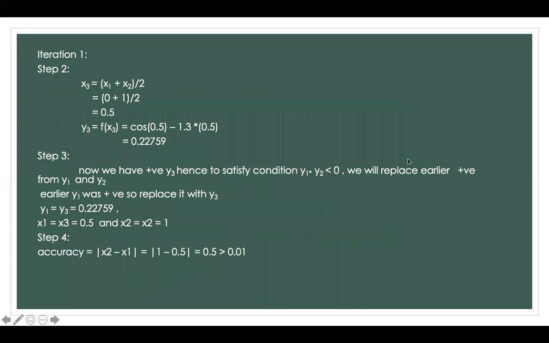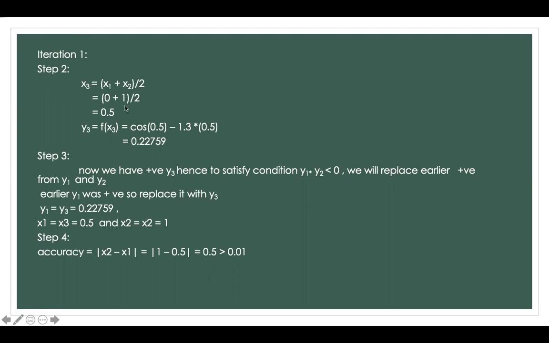Now, in the iteration, what is the root? What the bisection method says is that it is the mid value of x1 and x2. The mid value is x1 plus x2 divided by 2. So 0 plus 1 divided by 2 is equal to 0.5. That is the root for the first iteration, iteration 1.